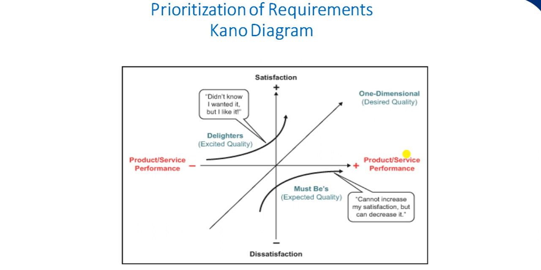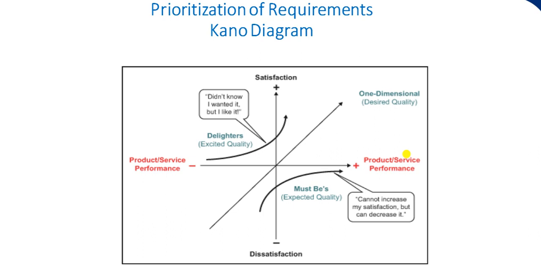And what is a must? It cannot increase my satisfaction but can decrease it. So the more you move towards the positive x-axis, and the more you move towards the positive y-axis, more satisfaction and more delight will be there. So this gives an idea how you can categorize the requirements as per the users.